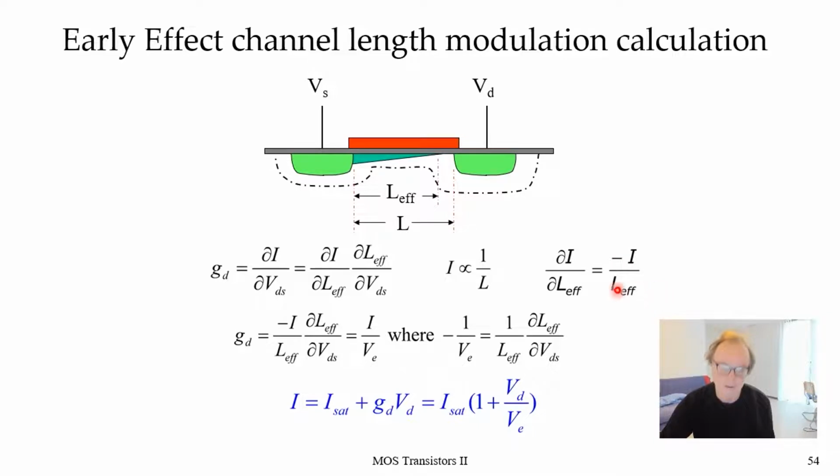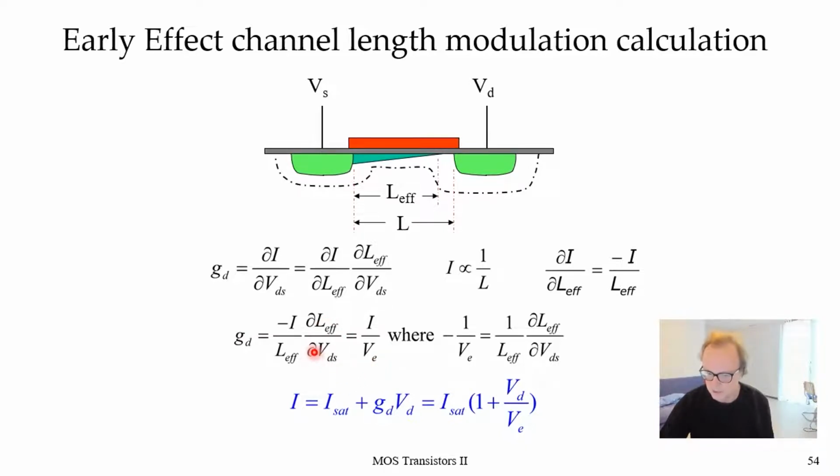Okay? So you can take that and put that back in here, and you say the drain conductance is minus I over L_eff times dL_eff/dVds. Now, if you assume that the rate of change of this depletion region, or the derivative of this length L_eff with respect to VDS, is constant, then you can say that the drain conductance is I over VE, because this is just a voltage here, right?